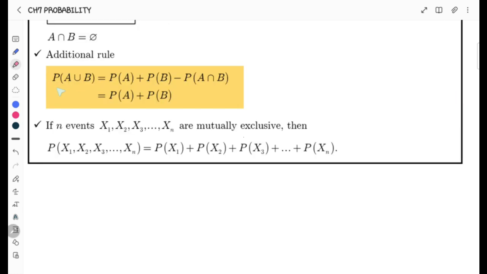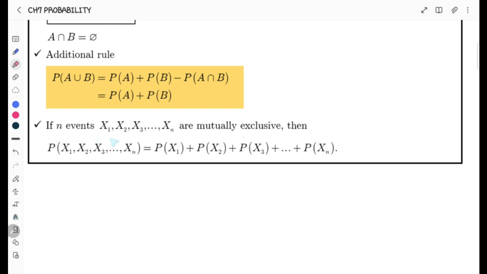Additional rule. So probability of A union B is equal to PA plus PB minus probability of the intersection between A and B. Since the intersection is equal to 0, then P(A union B) is simply PA plus PB.